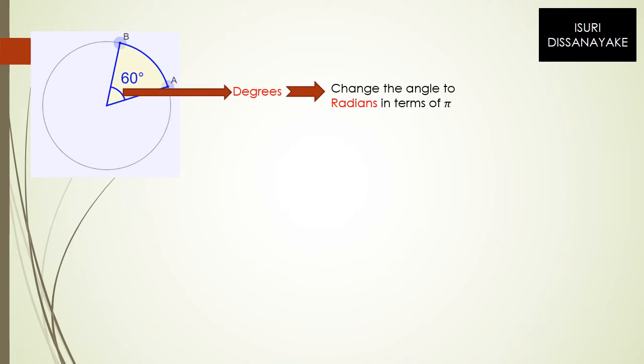So degrees and radians are two measures that you can use to measure the size of the angle. They ask you to convert this 60 degrees into radians and to write it in terms of pi.